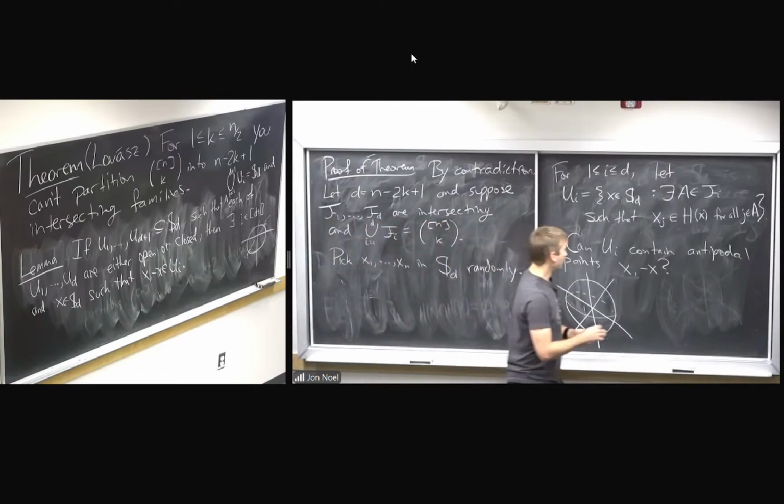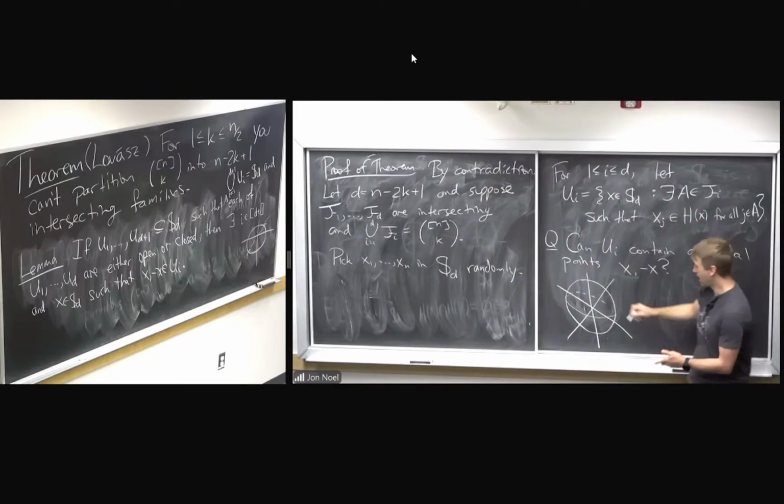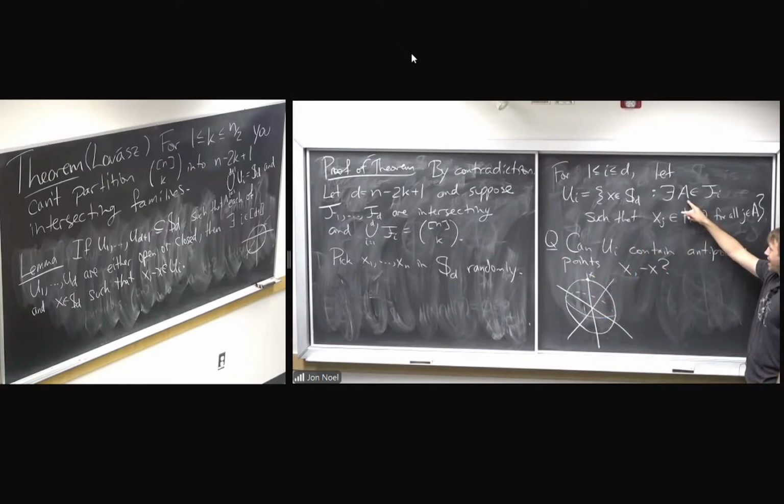What does it mean for x to be in Ui? That means there's a set A in Fi where all of the points xj corresponding to elements of A are in the hemisphere centered at x, so in the top half of the sphere.